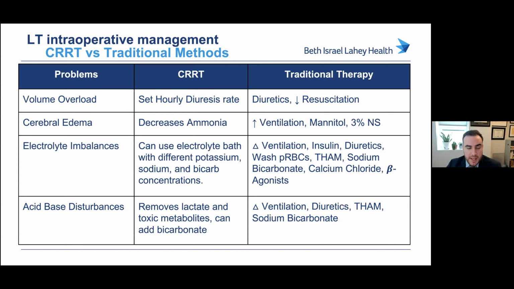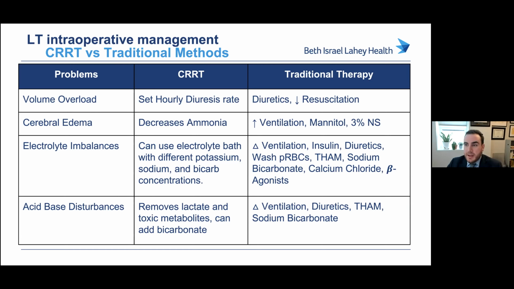But it's been shown that if you can use CRRT preoperatively in patients with renal failure, you can improve their transplant-free 21-day survival. So it's being utilized more and more in the preoperative area of liver transplants.